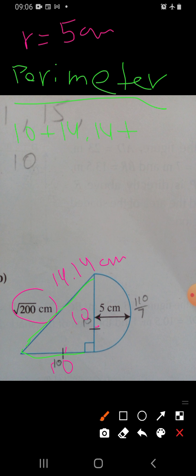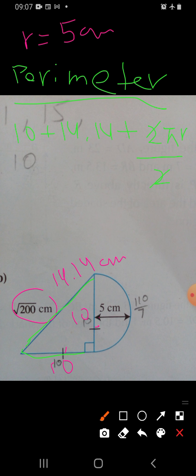The other one is the perimeter of the circle, and the formula for the circumference of a circle is 2 pi r. As we have a semicircle, we use 2 pi r divided by 2. Why divide by 2? Because it is a semicircle, half of a complete circle.